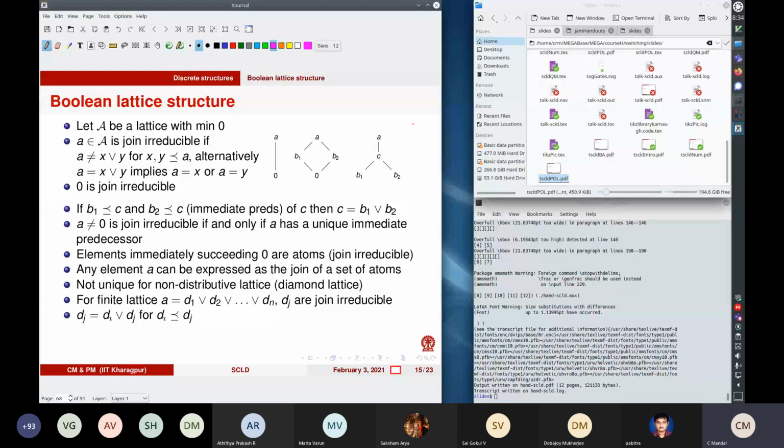And any join irreducible element will be expressible in this. If you have a join irreducible element dj, and if it is expressed as the join of two join irreducible elements, then one of those must be dj.